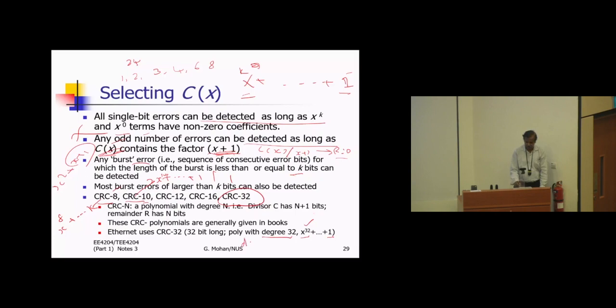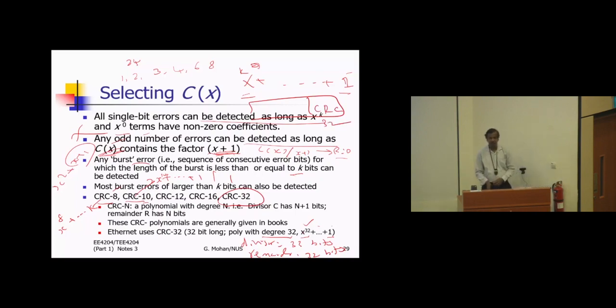That means the divisor has 33 bits, because x power 32. So if you represent this as a binary number, it will have 33 bits, and the remainder will have 32 bits, and the remainder is the CRC. So if you look at Ethernet, that will be a 32-bit remainder at the end.